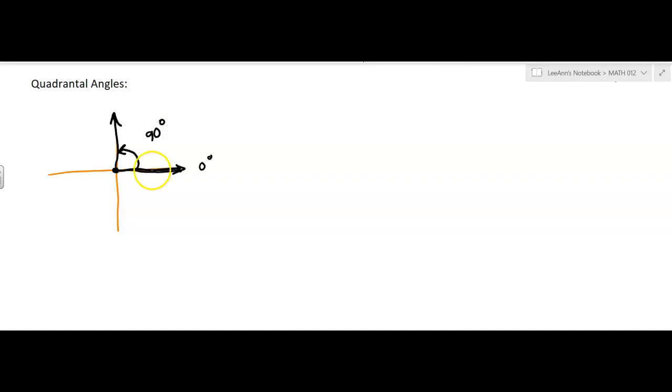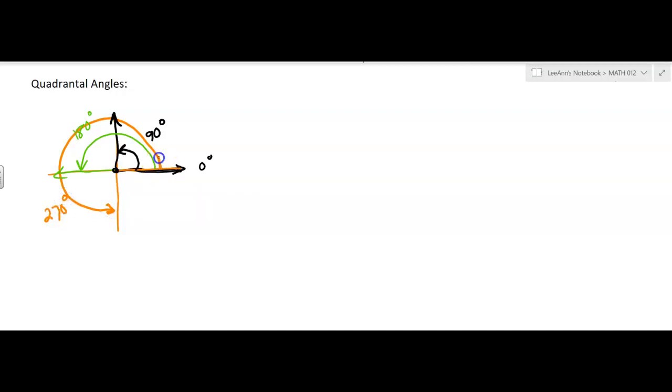Now, if I were to go from the initial side here and all the way over, that would be 180 degrees. That would be the next quadrantal angle, okay? All right. And then if I were to go from the initial side over to here, that would be 270 degrees, okay?